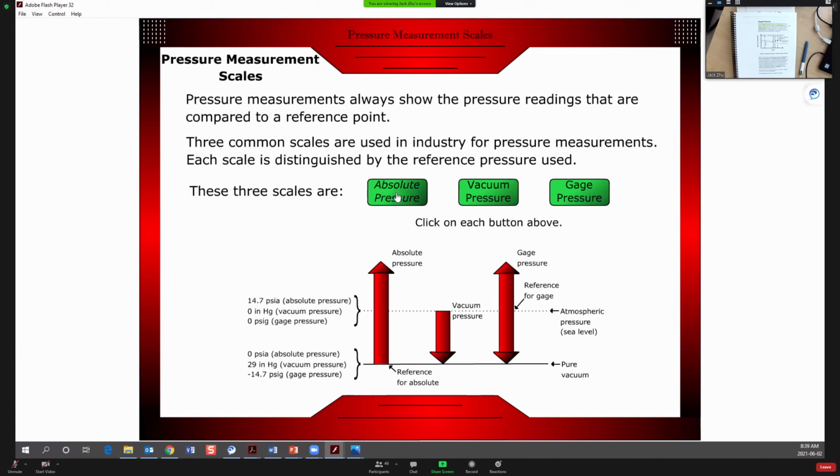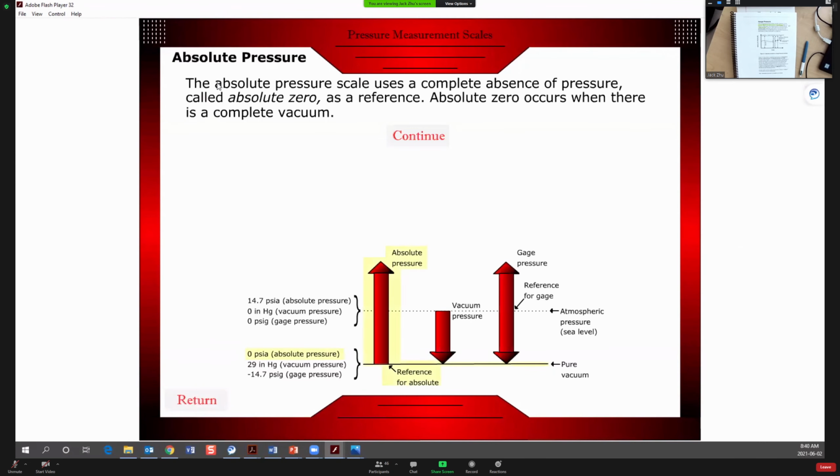One is the absolute pressure, whose reference is absolute 0 or a pure vacuum. They use a complete absence of pressure, called absolute 0, as the reference. So the reference is a complete vacuum. There's no air, nothing, just like in outer space.